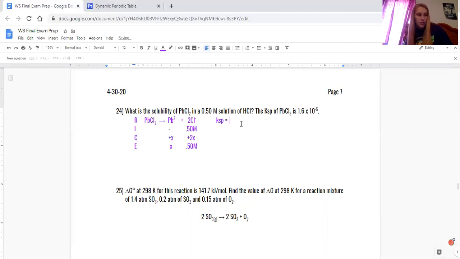Okay, so our Ksp is going to be equal to the concentration of this one times the concentration of Cl minus squared.